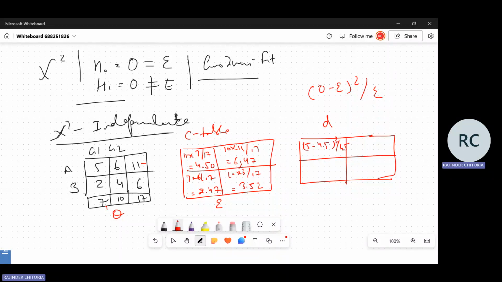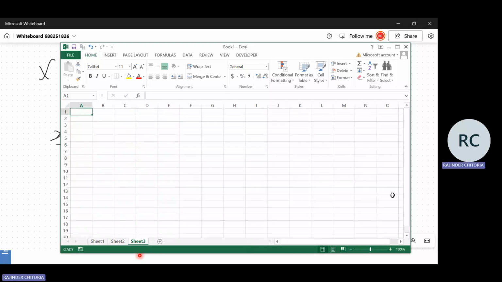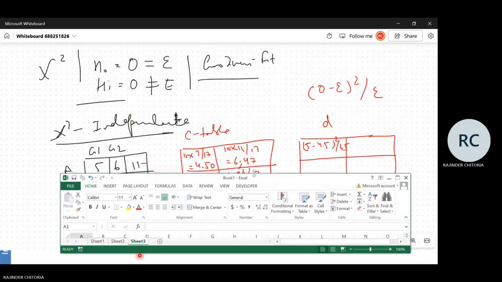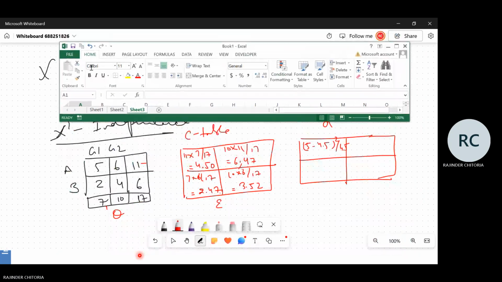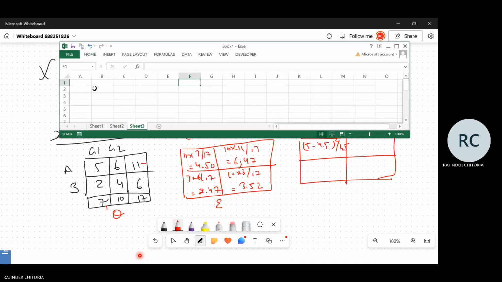So let me run this on Excel so that it saves my time. Okay, I'll go to sheet 3. So we have 5, 6, 2, 4.